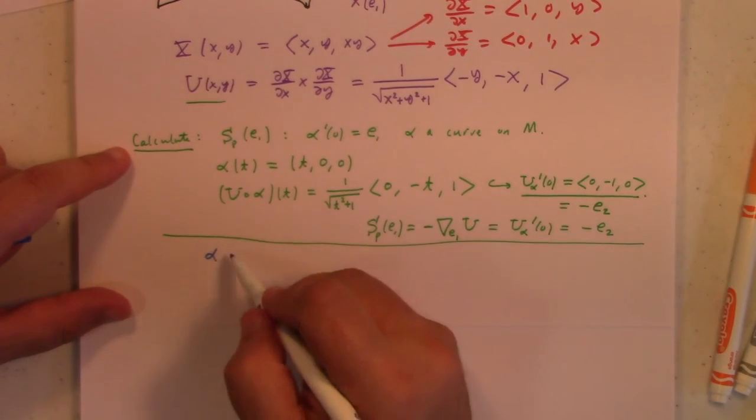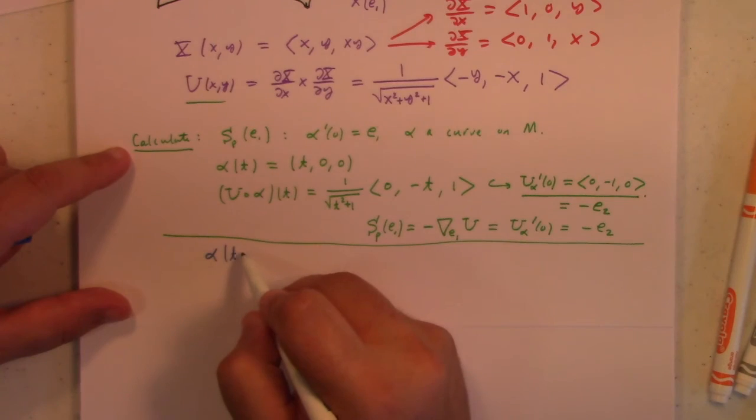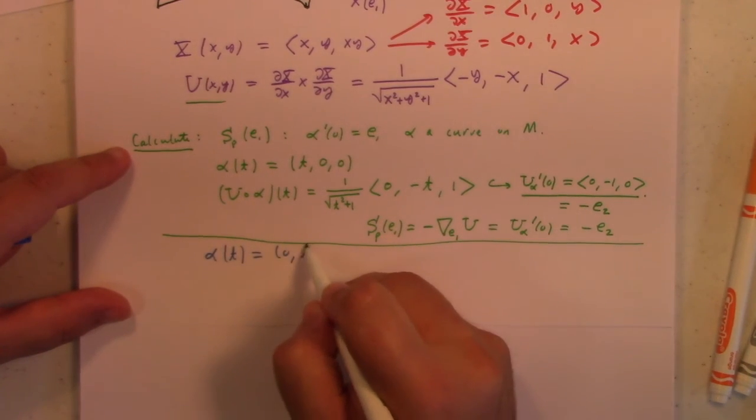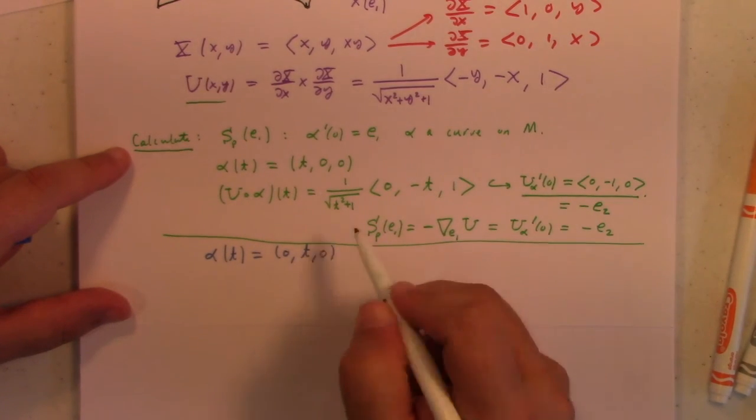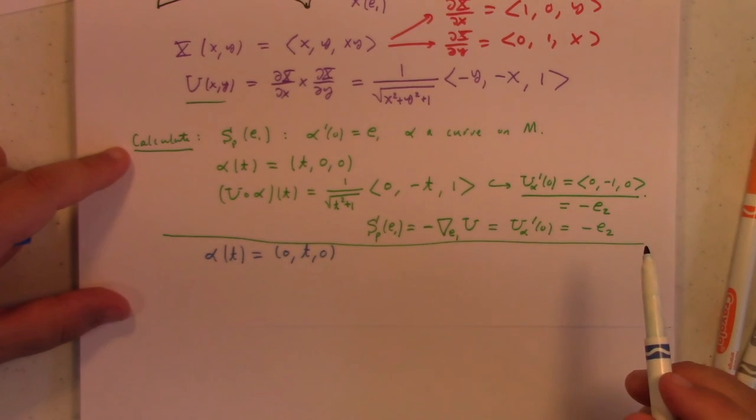All right, alpha of t, on the other hand, equal to (0, t, 0) would put me on the y-axis, right? y is free, x and z are fixed to be 0.